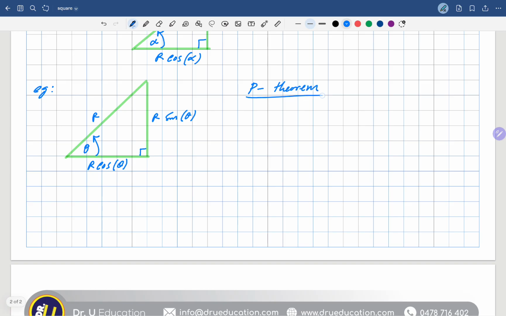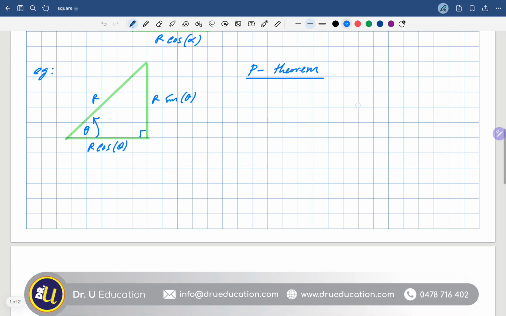So if I use the theorem here, I get hypotenuse squared is equal to opposite side R sine theta, the whole thing is squared, plus R cos theta squared, and then that's Pythagoras theorem we applied.